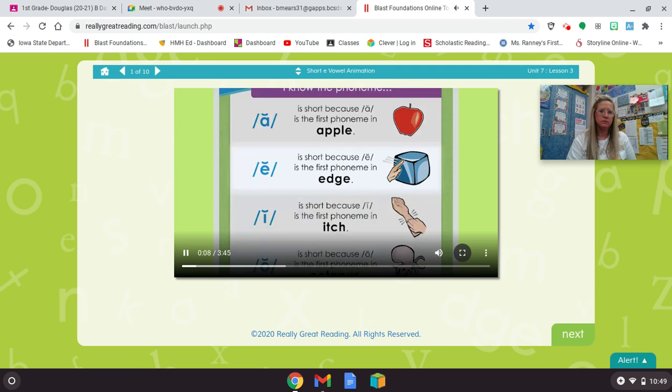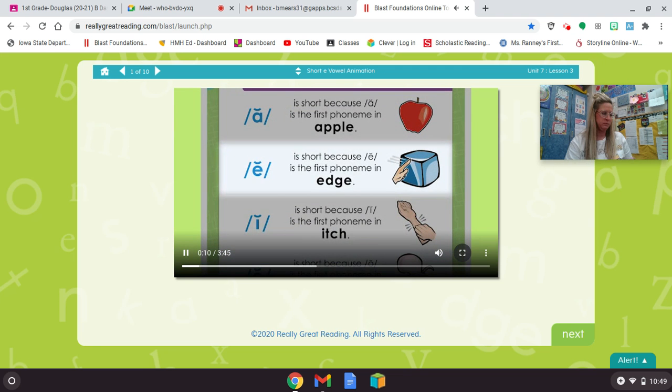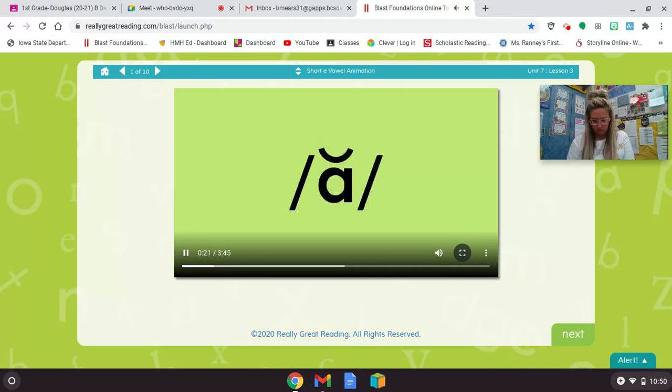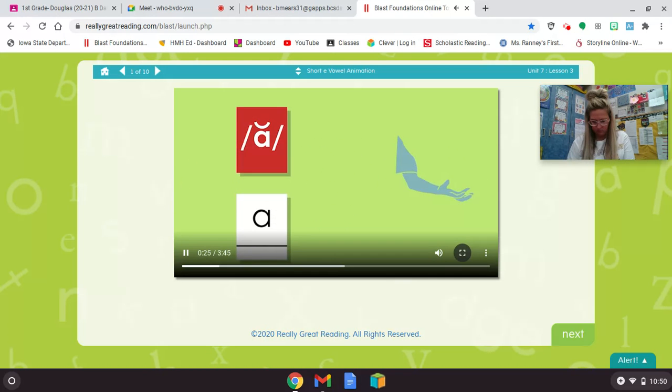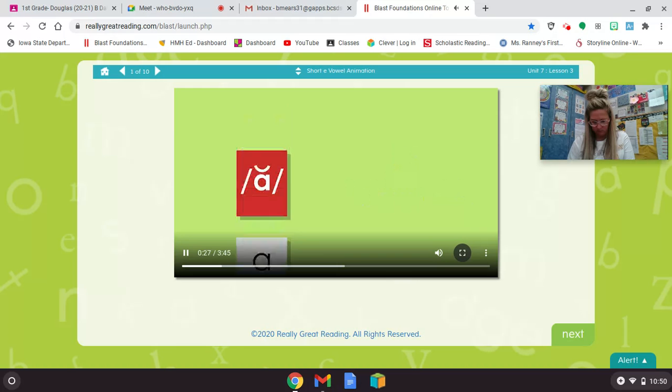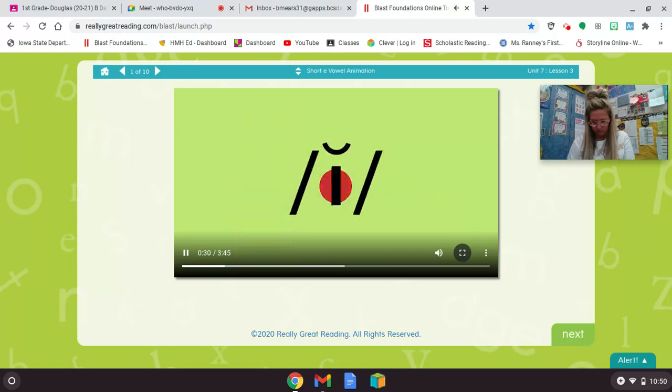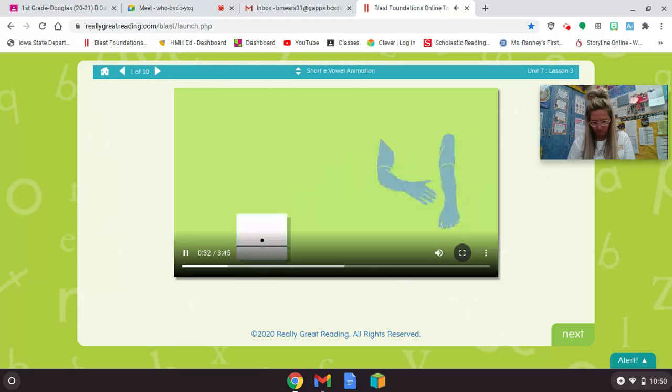In this lesson, we will focus on the short E vowel phoneme. Remember, when we understand letter sounds, we can read words more accurately. Let's begin by reviewing the short vowel phonemes you already know. The short A phoneme is A, like the first phoneme in apple. The short I phoneme is I, like the first phoneme in itch.